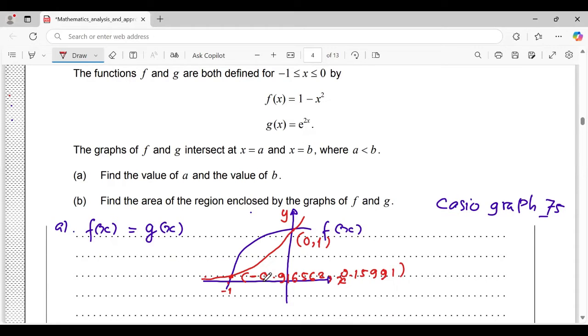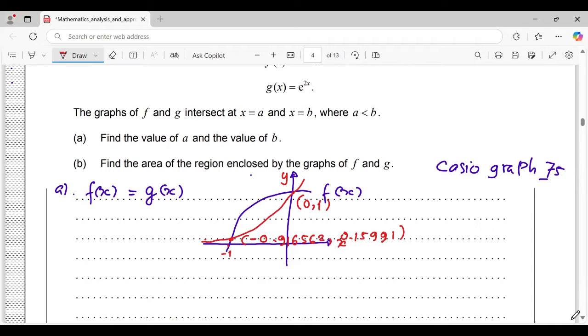But we're going to focus on the value of x. So x is -0.916562. Okay, based on this graph, f(x) and g(x) intersect at two coordinate points.